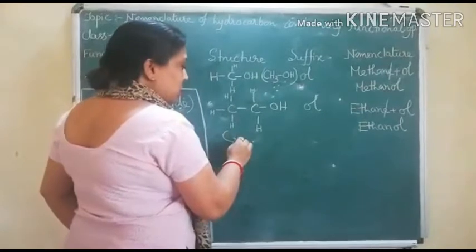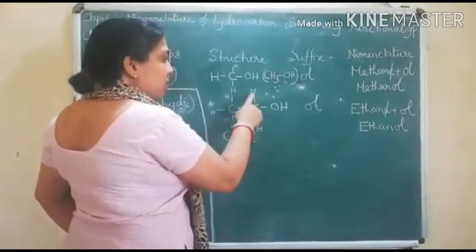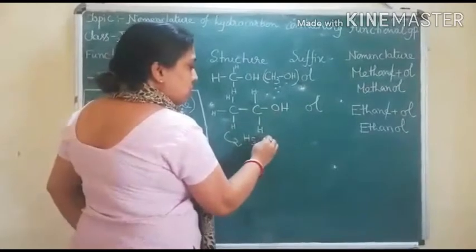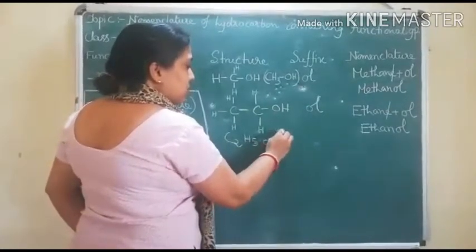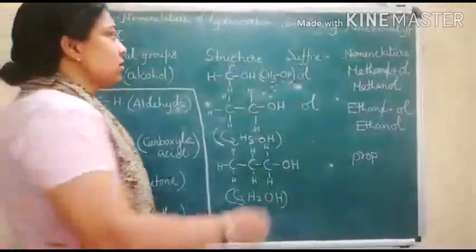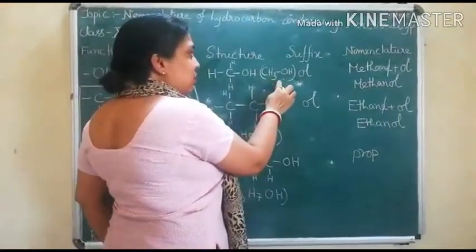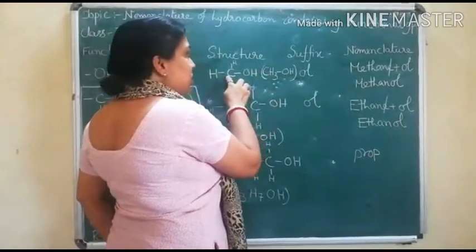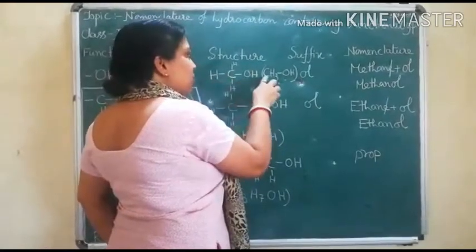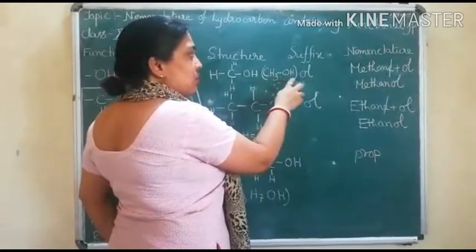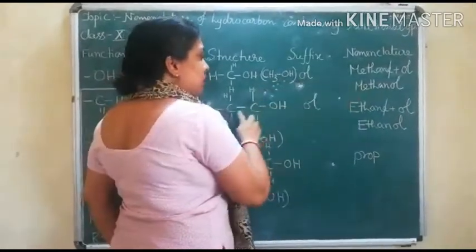So I will write C2. Hydrogen how many? 5 hydrogens, H5, along with this OH. Now, along with the structure you can write the formula. For this carbon, how many hydrogens? 3 hydrogens. So it is CH3. The functional group is OH. So the formula will be CH3OH for methanol.